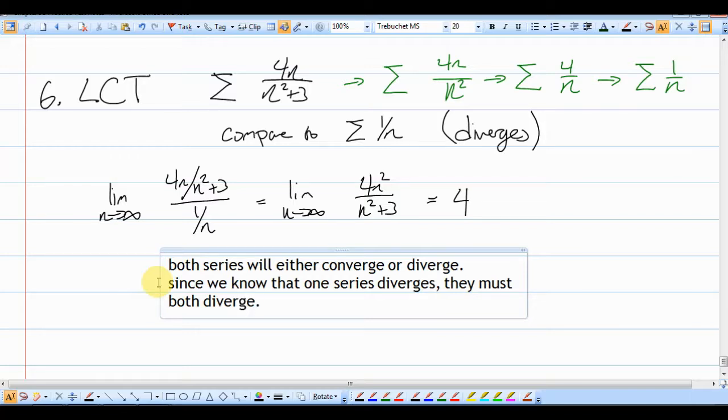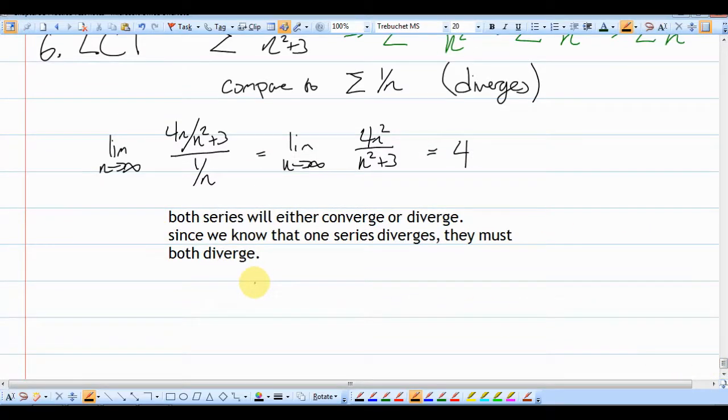Since we already know that the harmonic series diverges, that means that both of the series have to diverge. And so, as a conclusion, 4n over n squared plus 3 diverges. Okay?